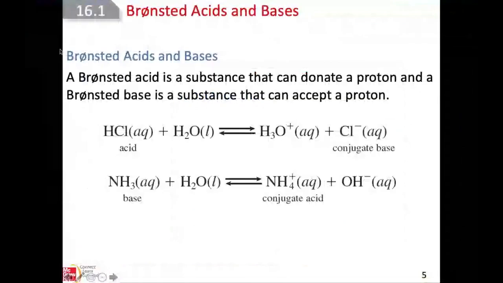So a Bronsted acid is a substance that can donate a proton. And a Bronsted base is a substance that can accept a proton.